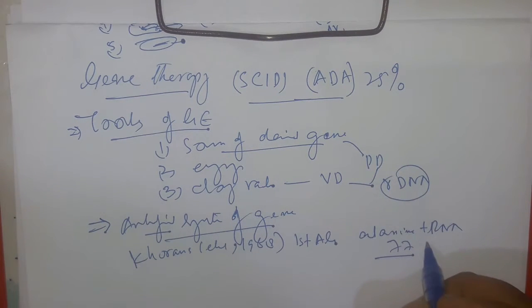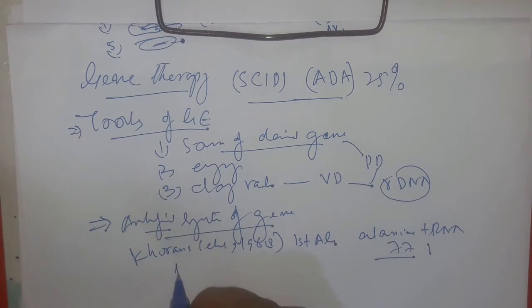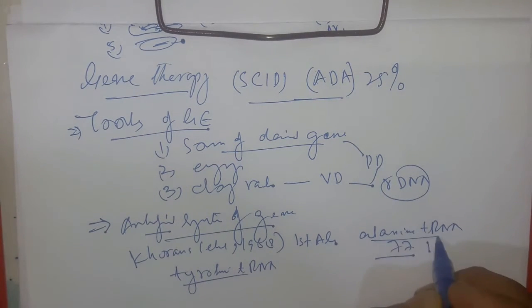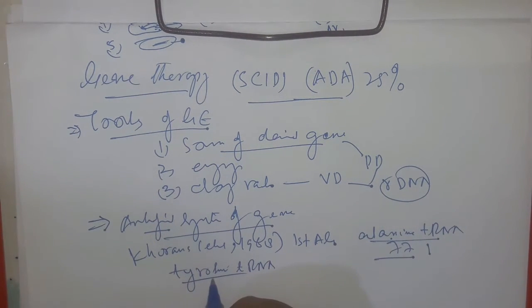However, it did not function. The first functional artificial gene was the tyrosine tRNA gene with 207 nucleotide pairs, also by Khorana et al., in 1979. So it was a functional one.